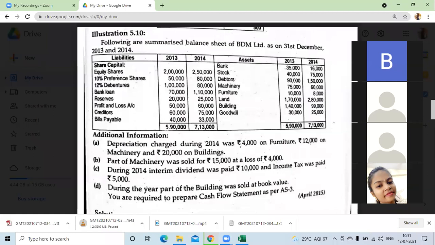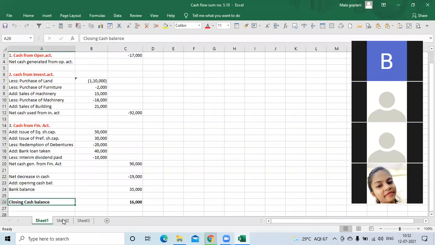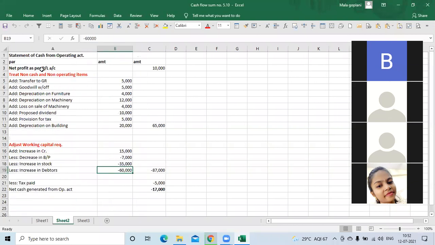So come on, quickly tell me what happens here. Increasing or decreasing? Decreasing. Yes, because it was 30,000 and now it is 25,000. So it is decreasing. Decreasing means purchase or written off? Written off. Very good. Good job. So go to non-cash items, operating activity, second page, second statement, non-cash and non-trade items.